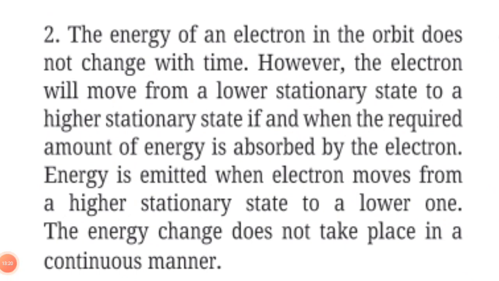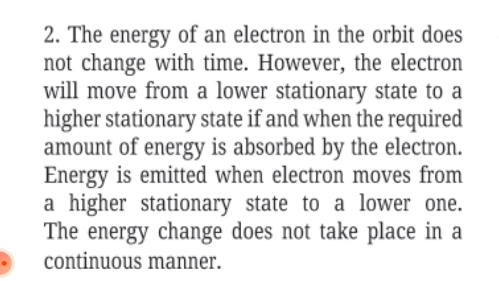The energy of an electron in an orbit does not change with time. However, the electron will move from a lower stationary state to a higher stationary state if and when the required amount of energy is absorbed by the electron. Energy is emitted when an electron moves from a higher stationary state to a lower one.